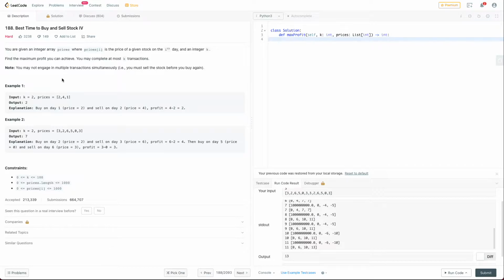Now, if you have k transactions, then I need to make a lot of decisions over time across the array to know if I should buy or sell. And there's some optimal path problems and things of that nature, more graph problems that I'll probably need to study more.